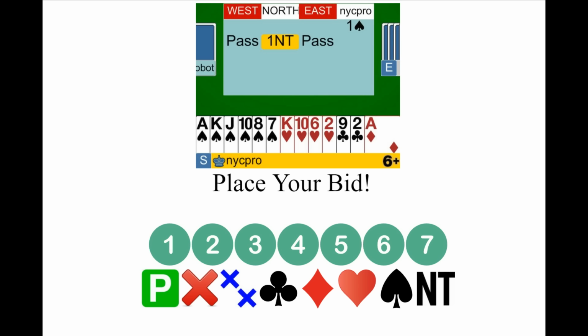So right now we see that we have opened the bidding one spade. Our partner has responded one no trump, and we are deciding what to do. So place your bid right in the bid box. Tell me what you want to bid with this hand.